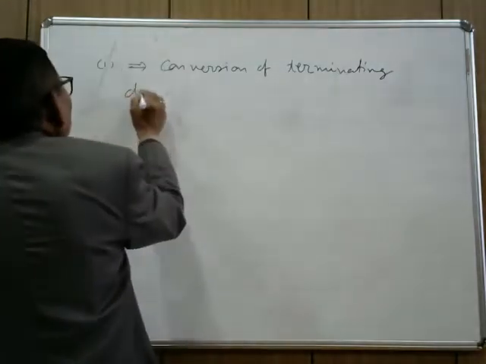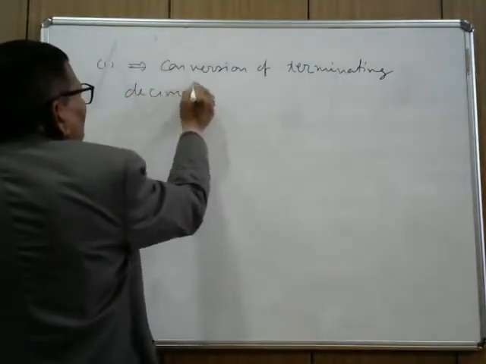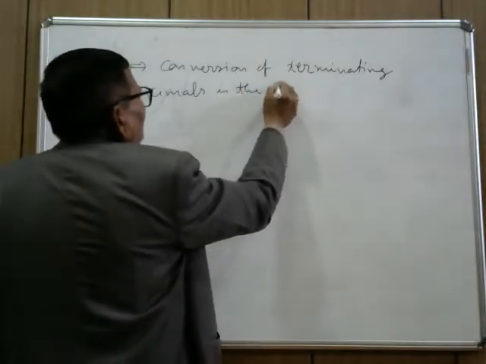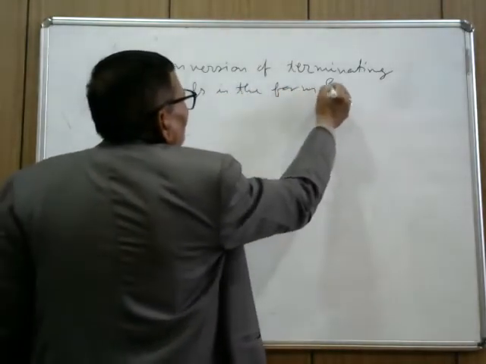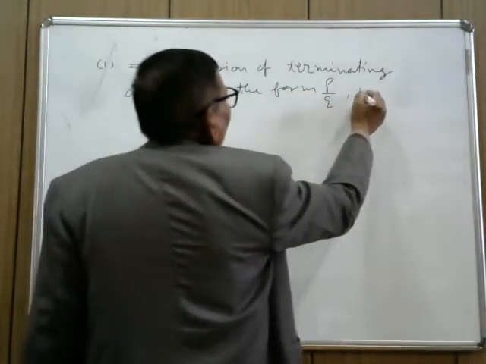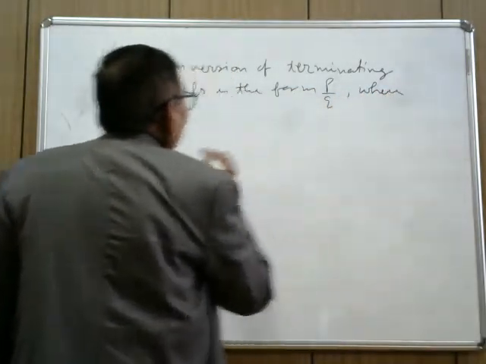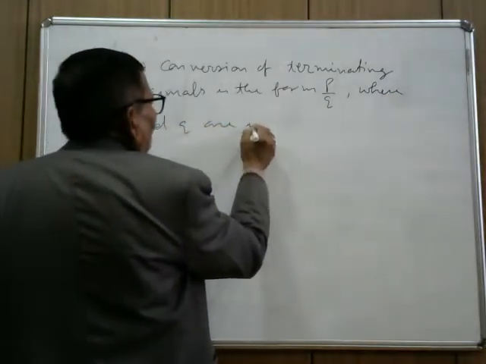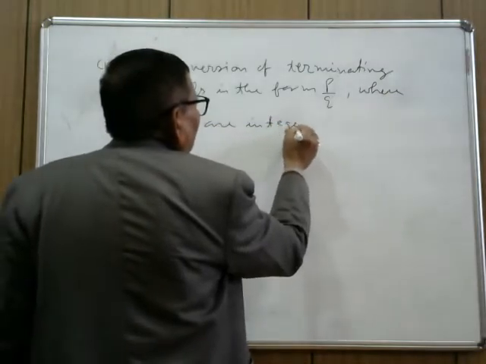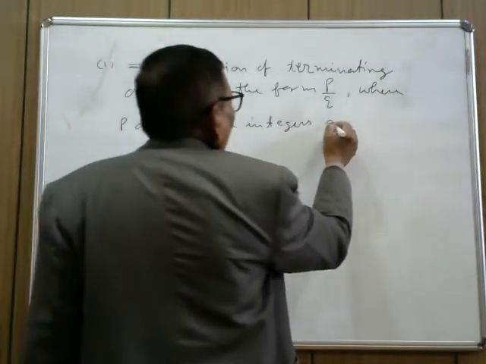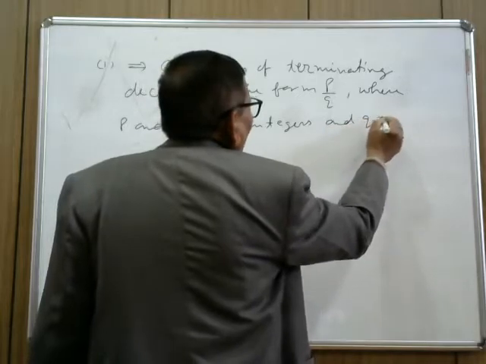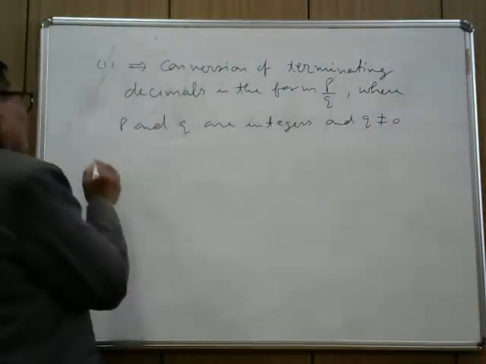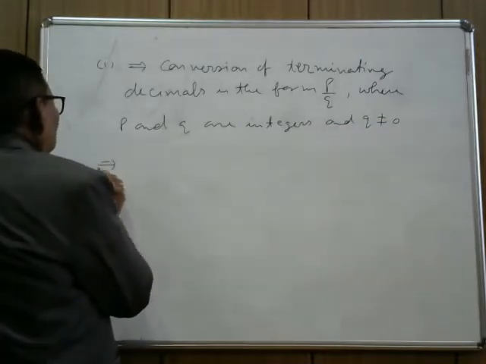Terminating decimals in the form p upon q, where p and q are integers and q is not equal to 0.